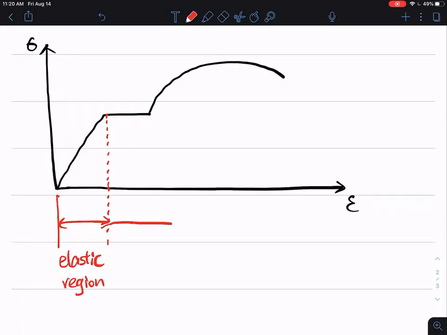After this dashed line, all the way to the end of the curve, this is the plastic deformation area.